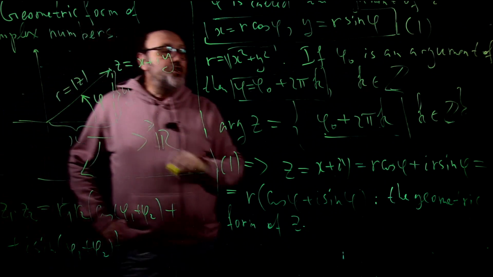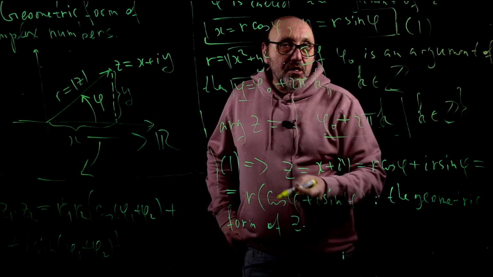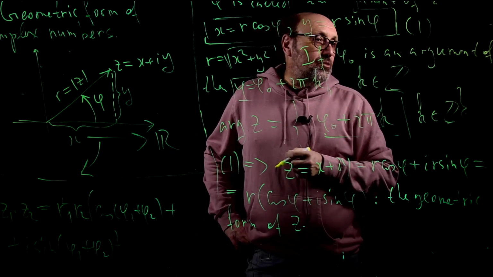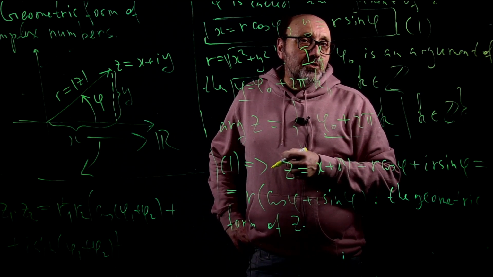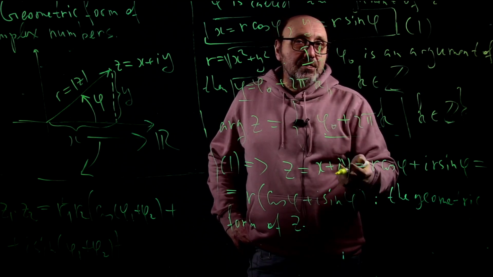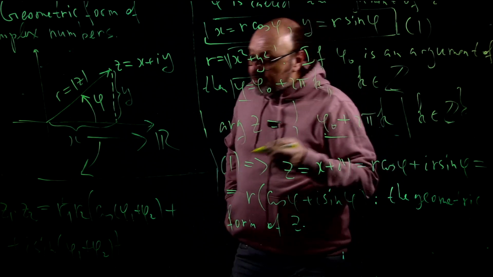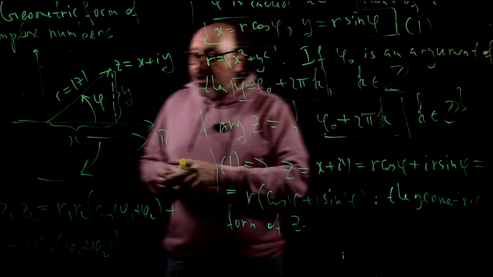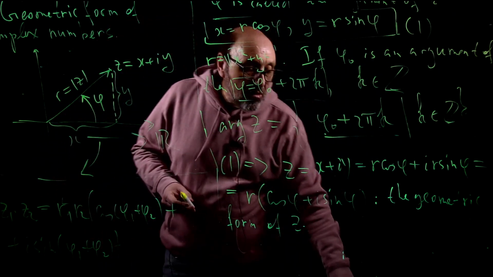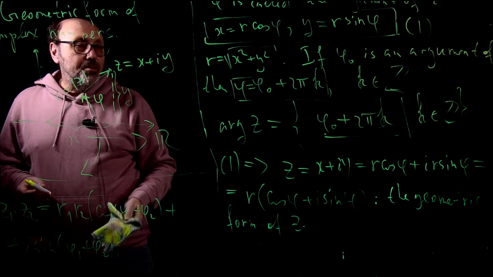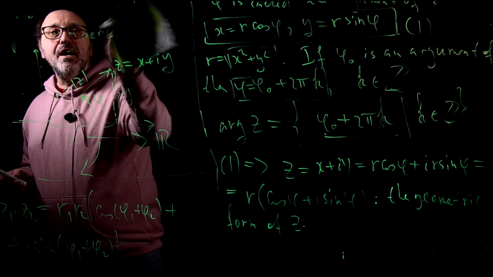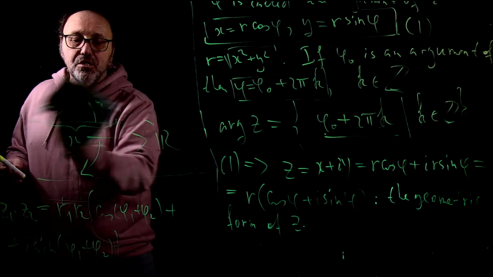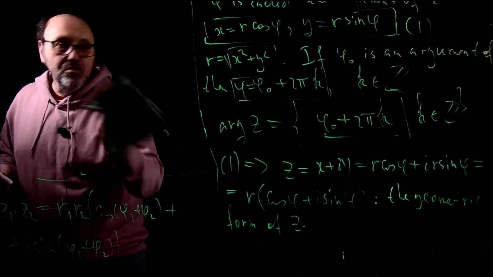This is very easy to check. You take the product of two complex numbers given by the geometric forms, and then you use the usual trigonometric properties of cosinus and sinus, and you obtain it easily. So I do not check it. So this is the very important property of the complex numbers in the geometric form, and this explains why geometric form of complex numbers is so useful.